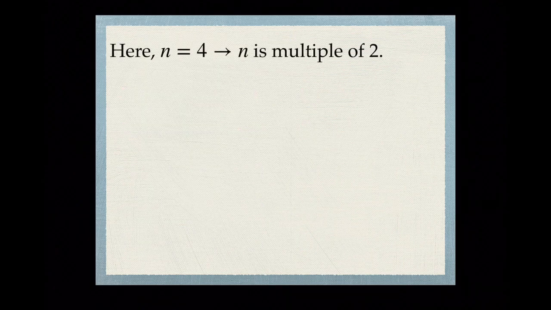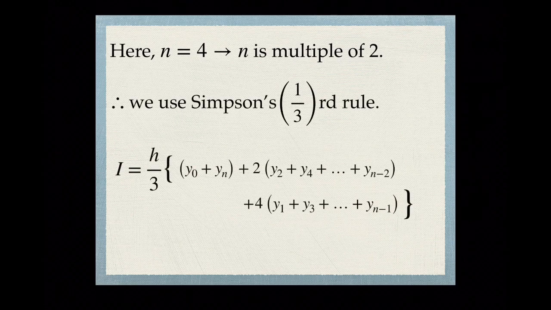Of course, we know that n is equal to 4, and 4 is a multiple of 2. So in the previous notes, we have clearly mentioned that when n is a multiple of 2, the formula is Simpson's 1/3 rule. When n is a multiple of 2, we are applying Simpson's 1/3 rule.